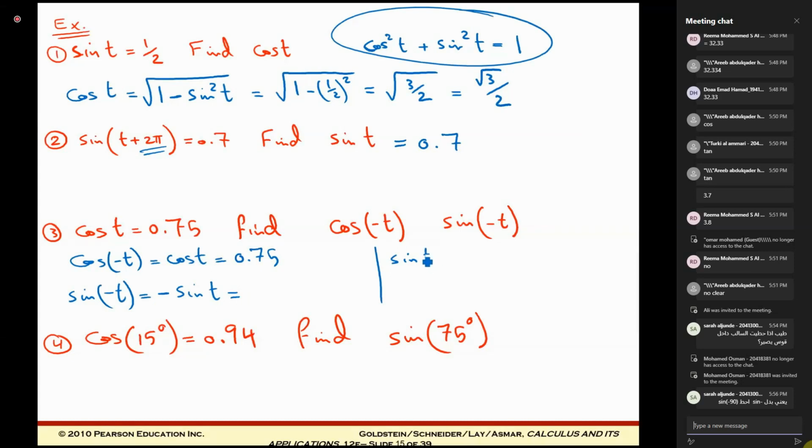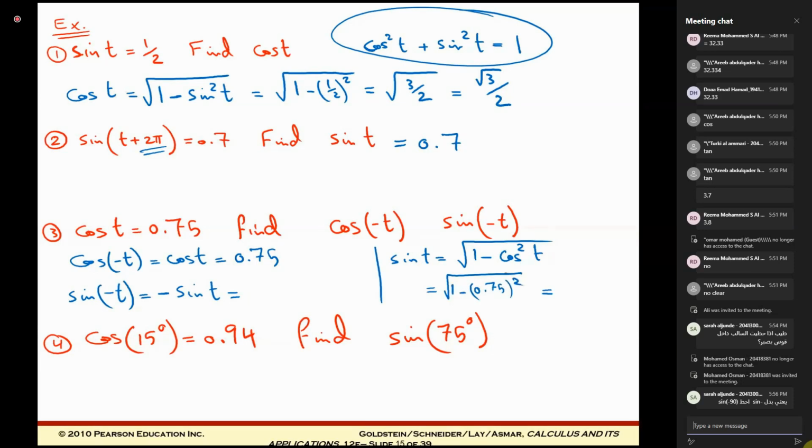So the sine of t equal radical 1 minus cosine t square. So this is equal radical 1 minus 0.75 square.